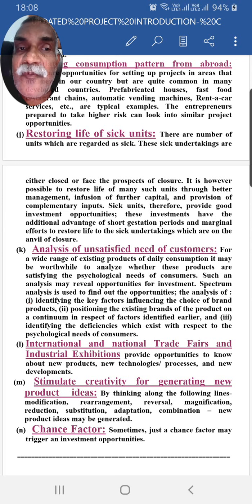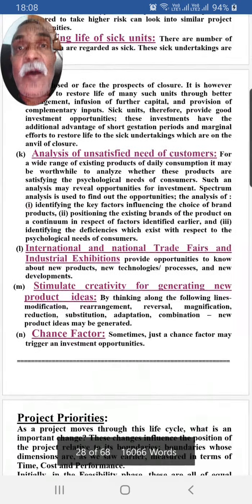These sick units therefore provide good investment opportunities. These investments have the additional advantage of short gestation periods and marginal efforts to restore life of sick undertakings which are on the verge of closure.